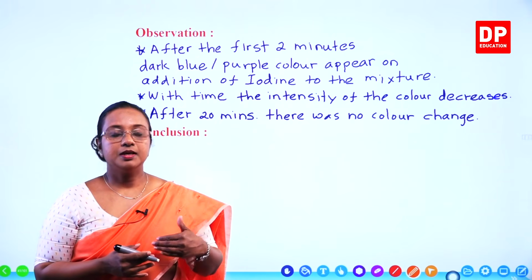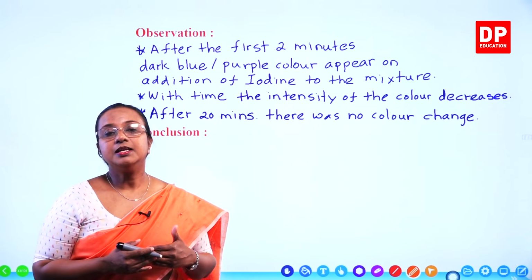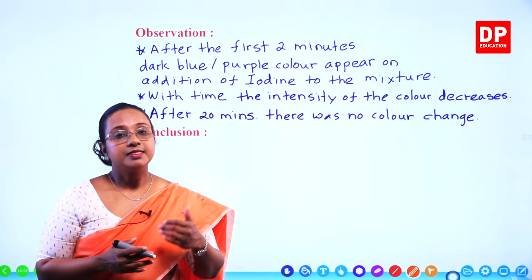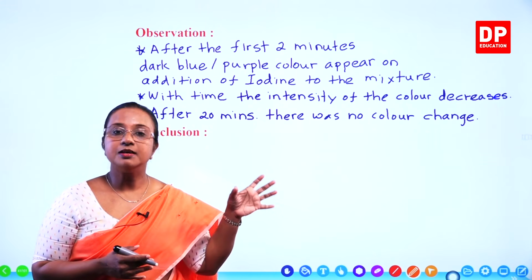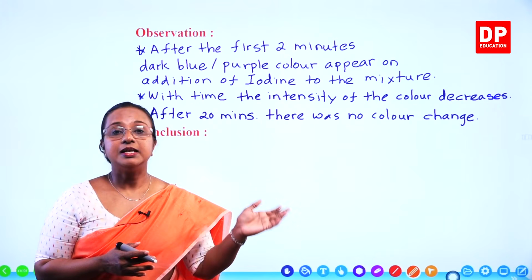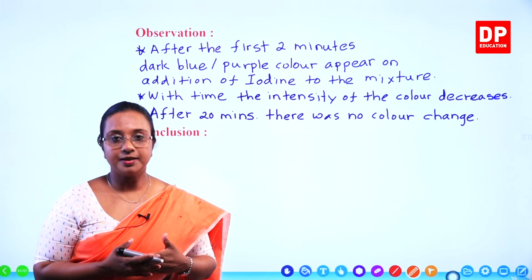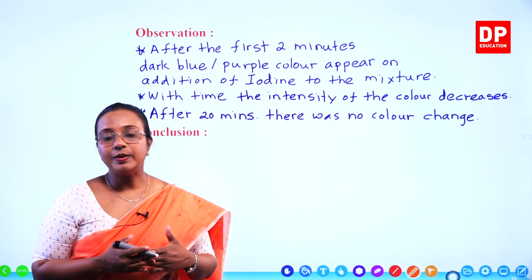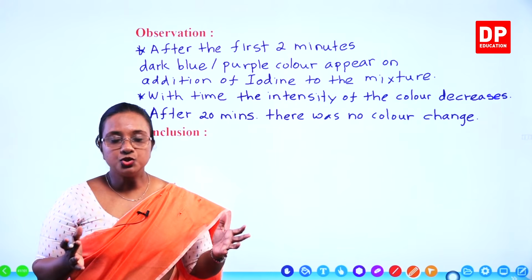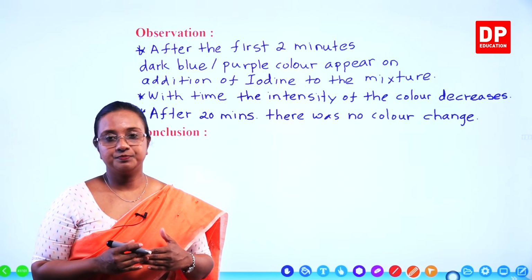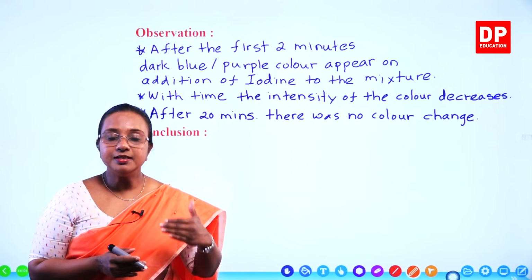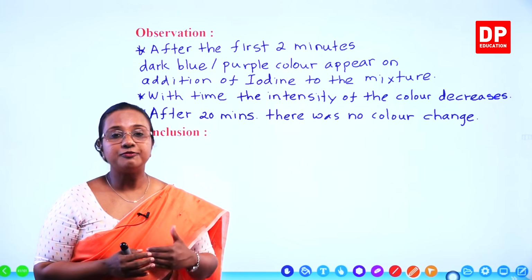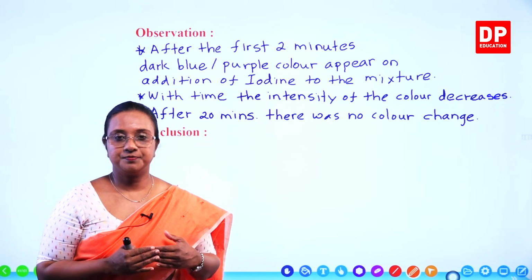With time, this intensity decreased. That means the amount of starch present in the reaction mixture decreased with time. And after 20 minutes, there was no blue color. That means there is no starch in the reaction mixture after 20 minutes.